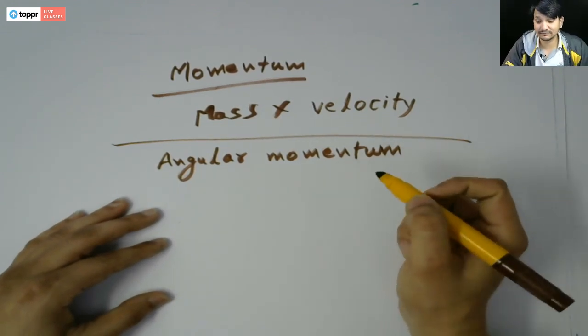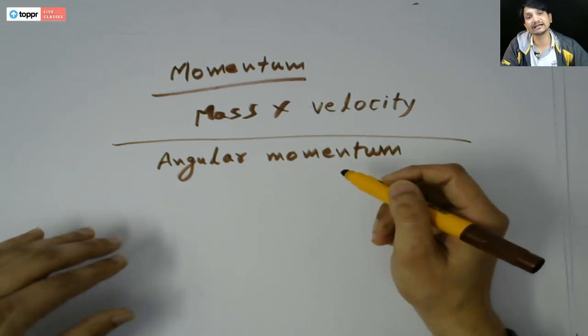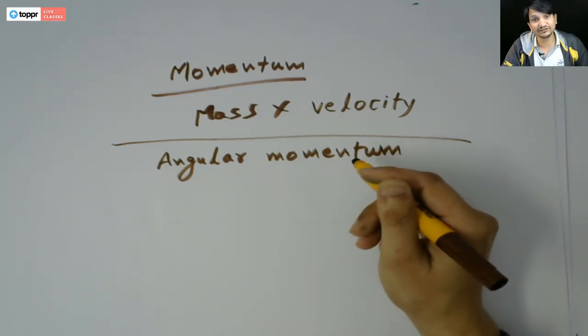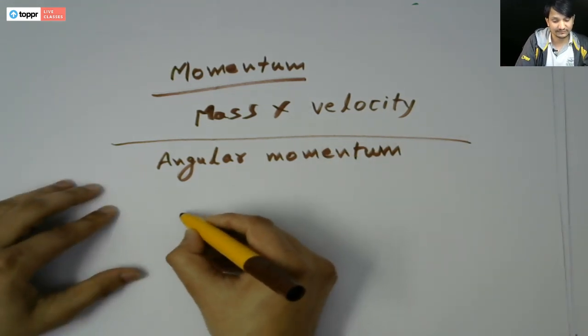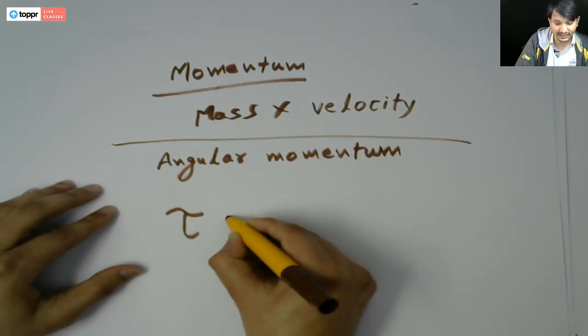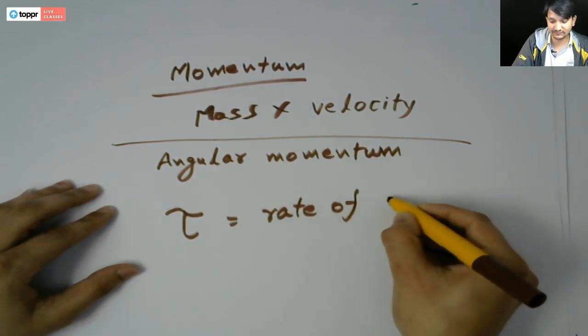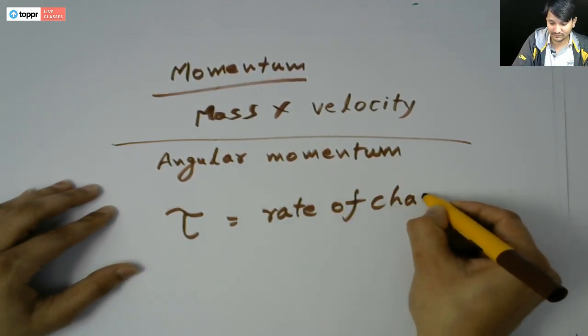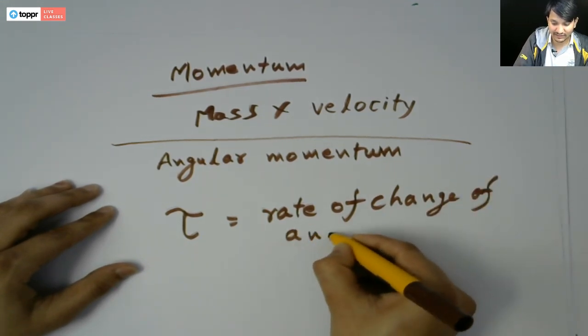Just like in the laws of linear motion, we know that force is the rate of change of momentum, torque is the rate of change of angular momentum.